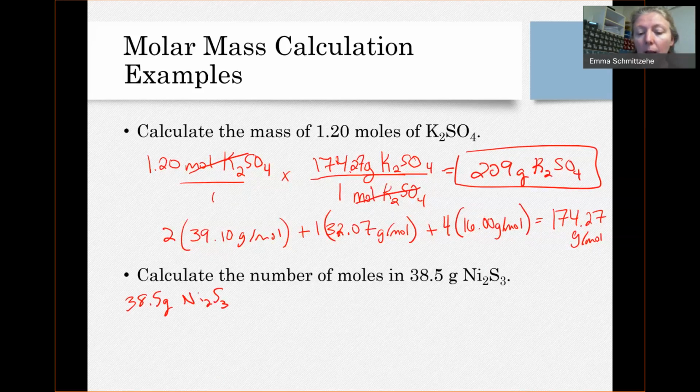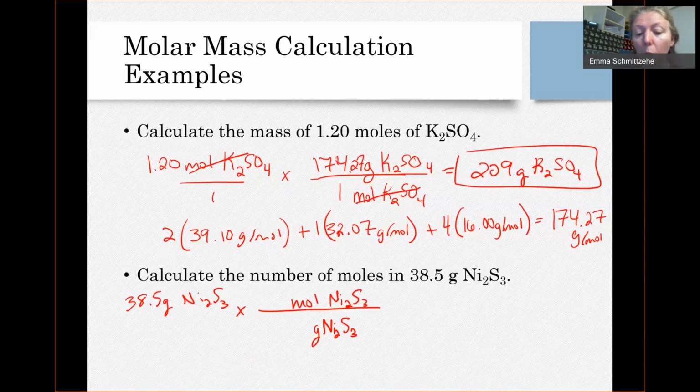Okay, and I want to get rid of grams and go to moles. That's what's being asked for. And so I need this ratio. I need to figure out what are the numbers that go into this ratio that relates grams and moles, and that would be the molar mass.